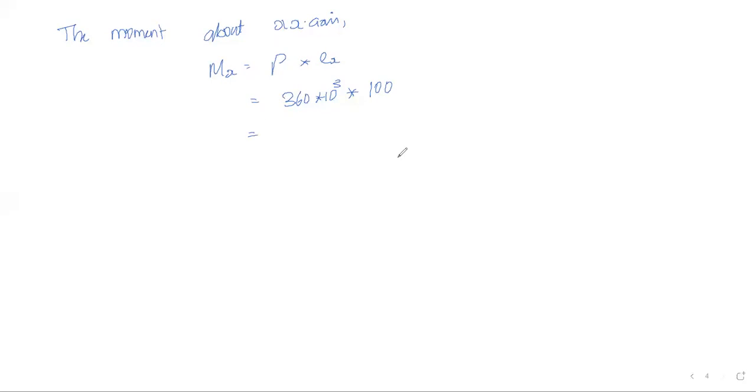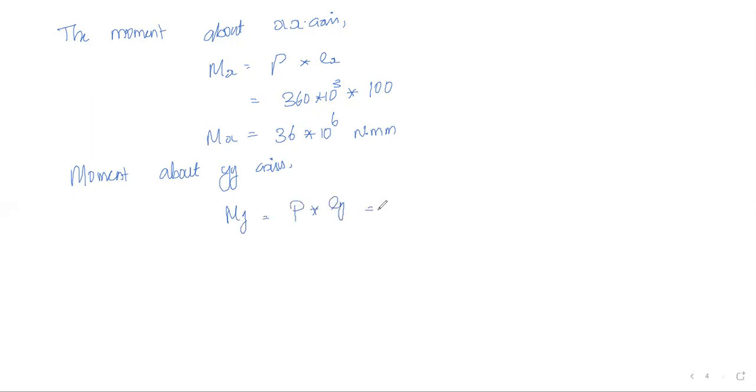So it becomes 36 into 10 to the power 6 Newton mm. That is the Mx value. Similarly, the moment about the y axis: My is equal to P into EY, which is nothing but 360 into 10 cube into 75.